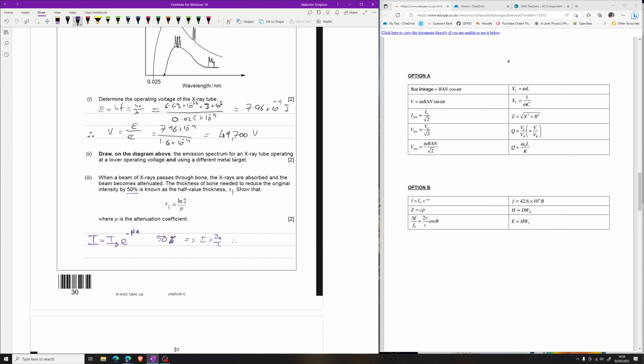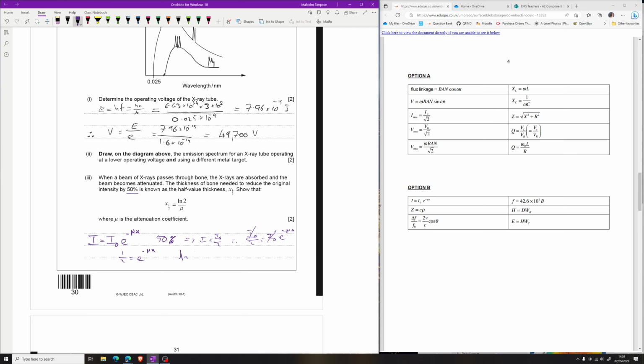Therefore I naught over 2 equals I naught e to the minus mu x. The I naughts are going to cancel. So I've got 1/2 equals e to the minus mu x.